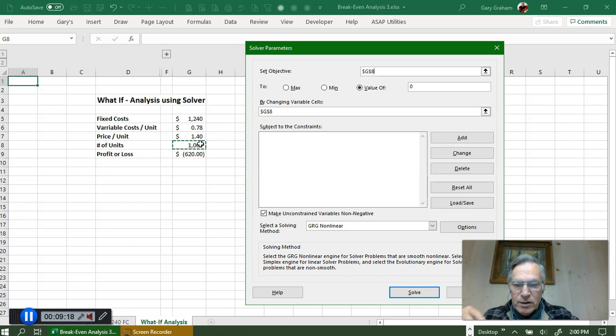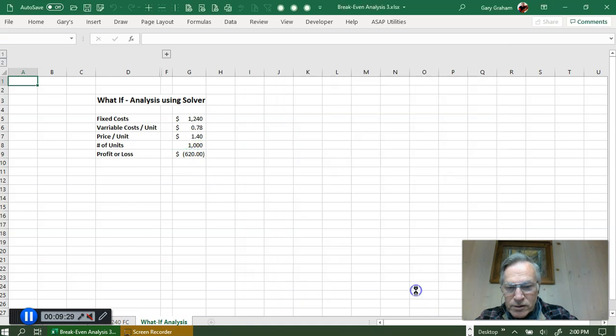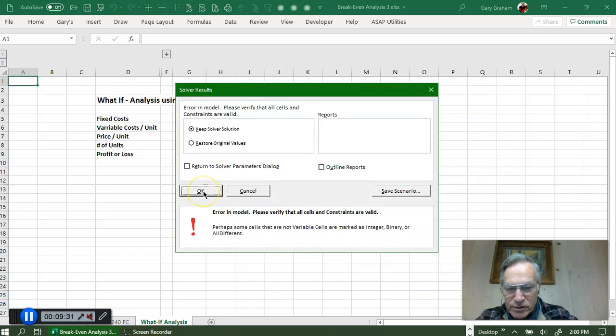So in other words, keep doing an iterative process looking for the number of units that will produce a profit or loss of 0. In other words, a break-even point. Then you click on Solve, and it runs its little iterations.